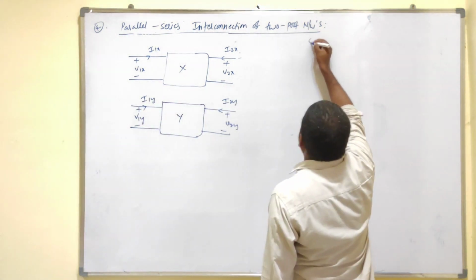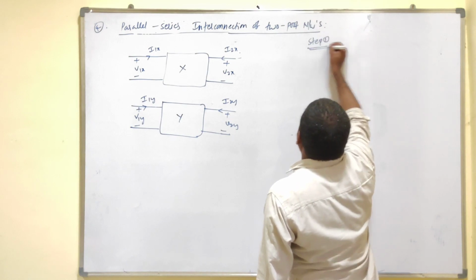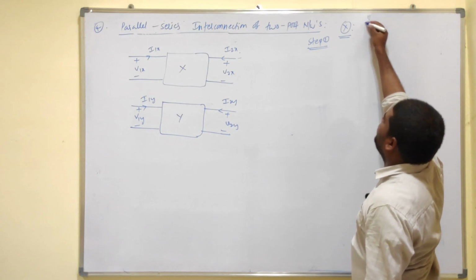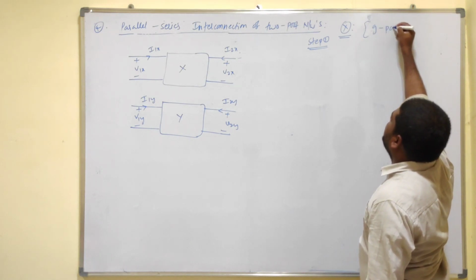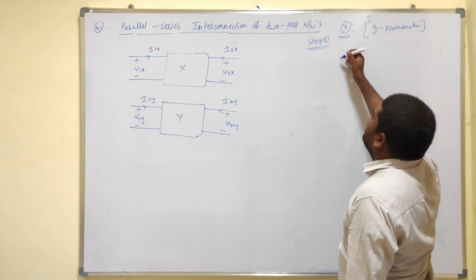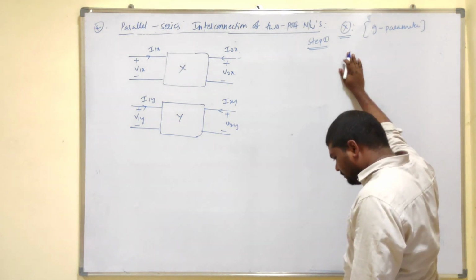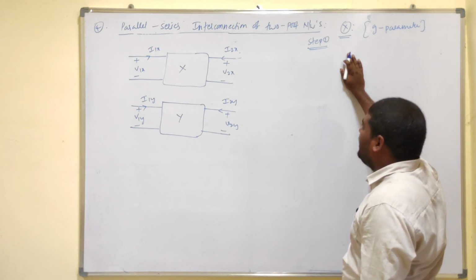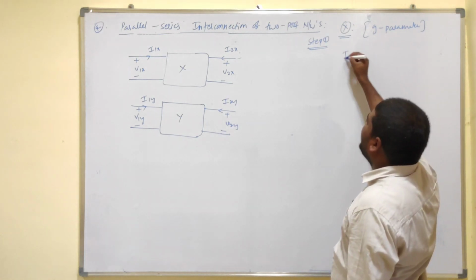Step 1, x network, x two port network. For this two port network you have to write g parameters, those are, in previous case v1 and I2, right? So now I1 and v2.